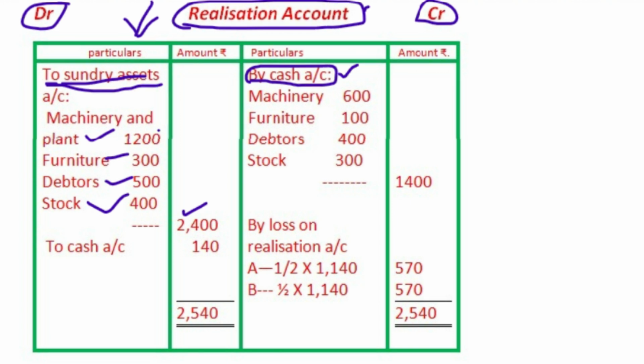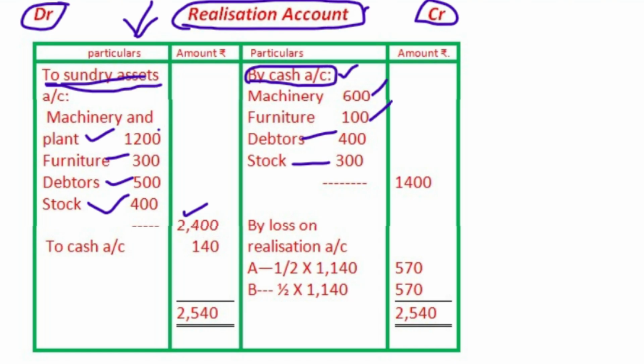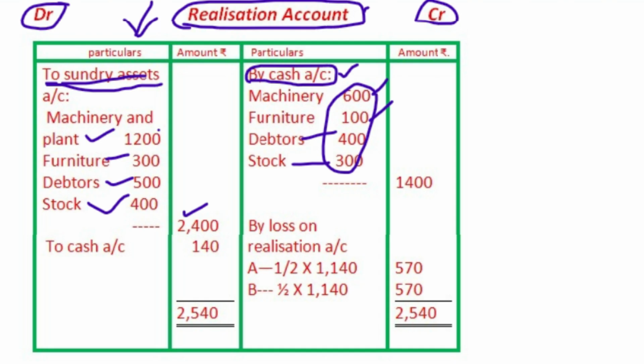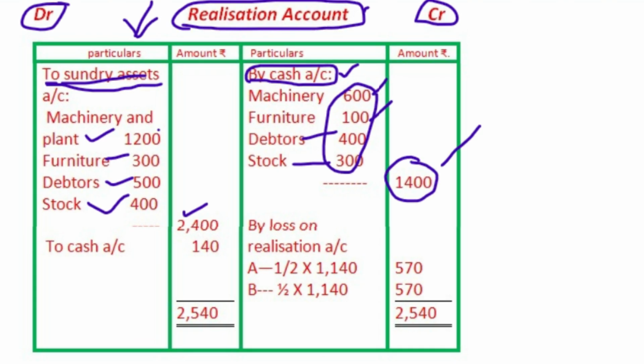In the question, machinery realized rupees 600, furniture 100, debtors 400, and stock 300. So the total amount realized by selling these different assets is rupees 1400. This is the cash transaction.